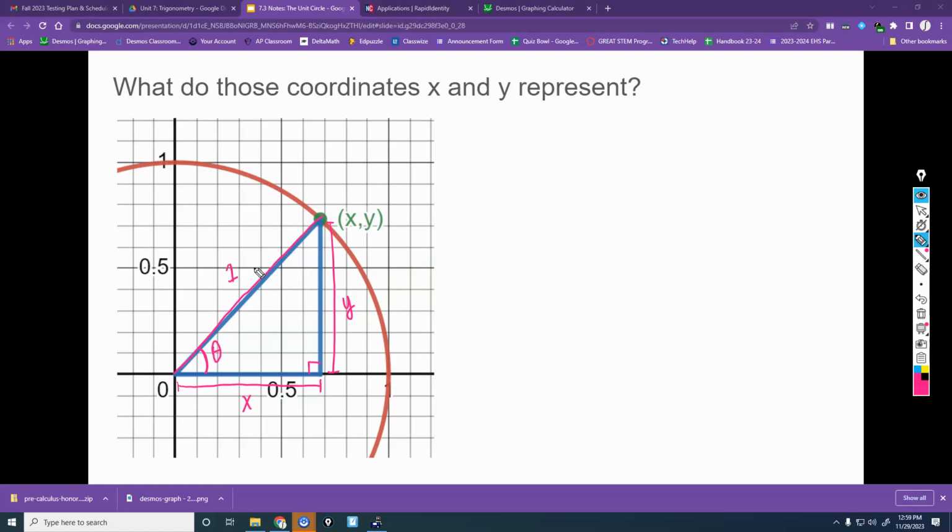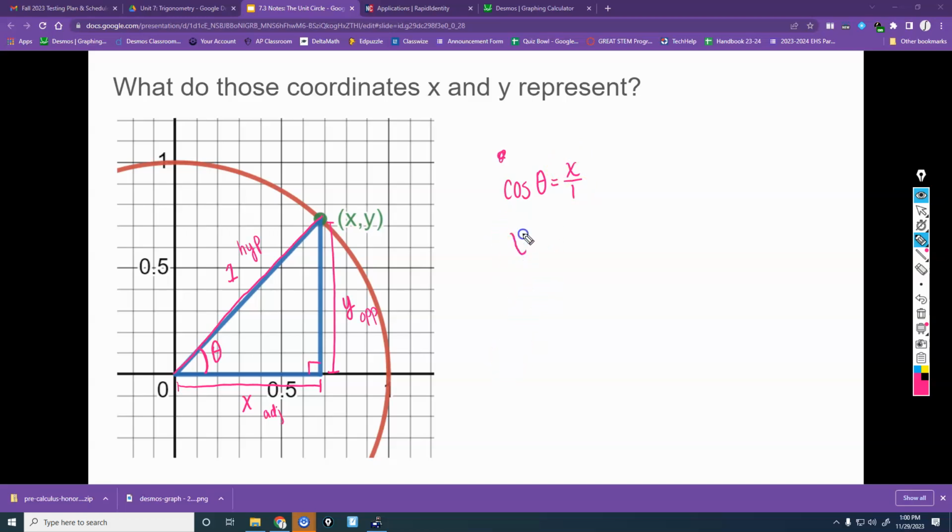So in a more general sense, we want to do what we just did on that last problem. If I want to find x, this is my adjacent side, this is my opposite, this is my hypotenuse. So to find x, I would need to do cosine of whatever that angle is, which would equal adjacent, which is x, over 1.